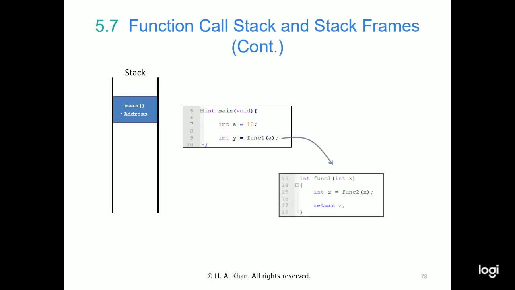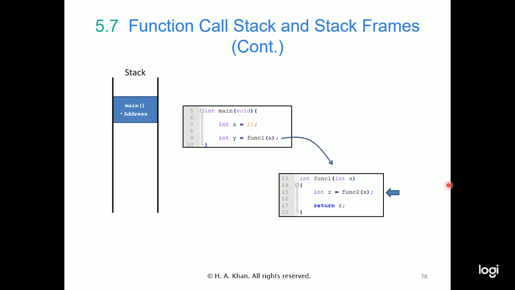Then we will go on to function 1. Inside function 1, we have a call to another function, and it is possible that from inside function 1 we may call another function.